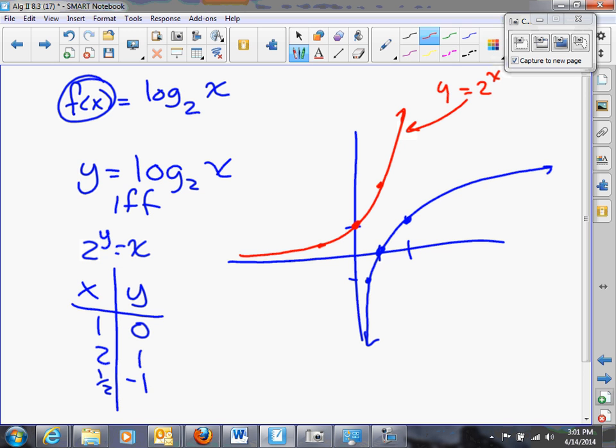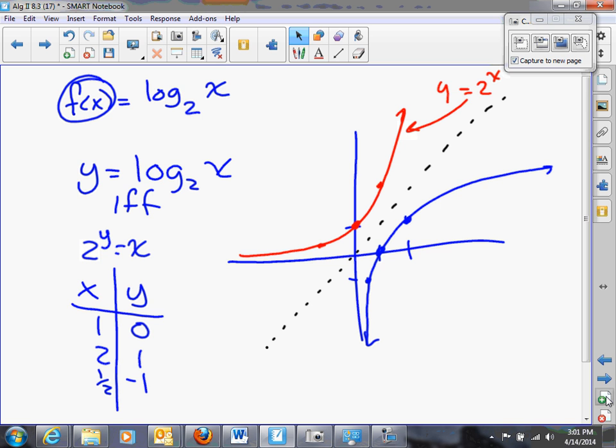Now, if you take a look at these two graphs on the same axis, notice that the blue graph is the reflection of the red graph over the line y is equal to x. What that means is that the log base 2 of x is the inverse function of the exponential function 2 to the x, because they're reflections of each other over the line y is equal to x.